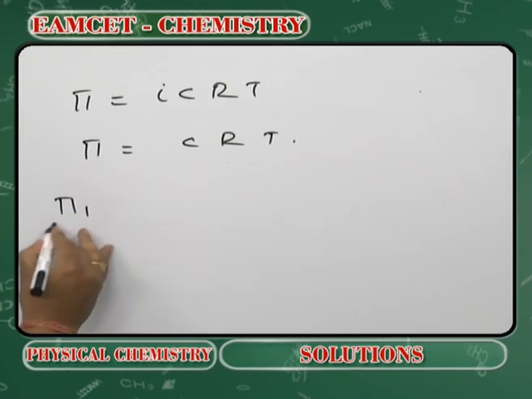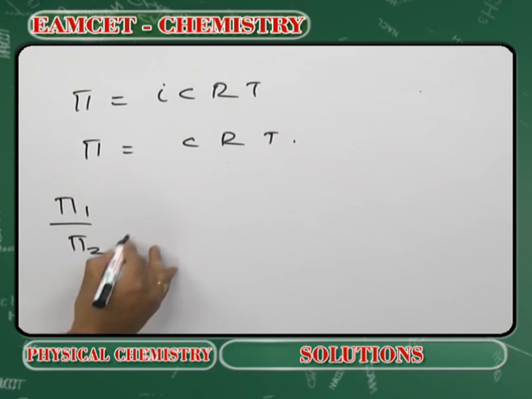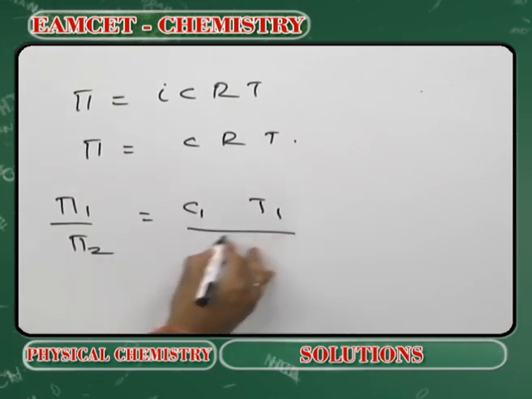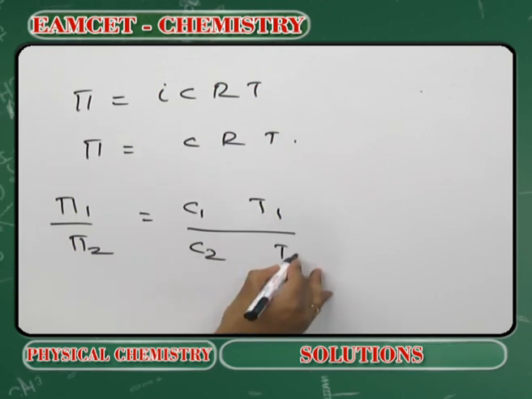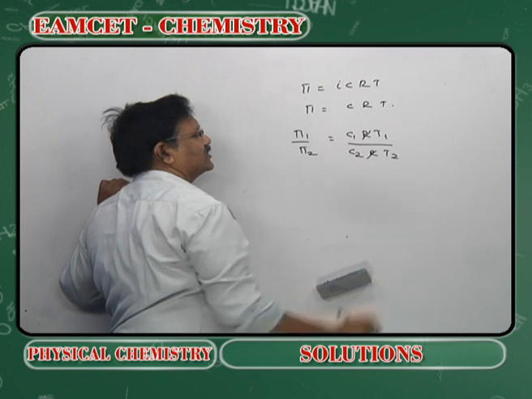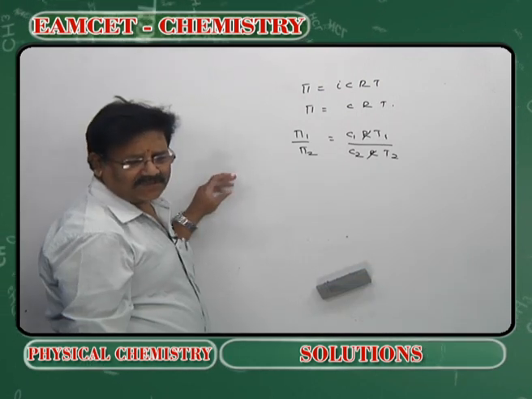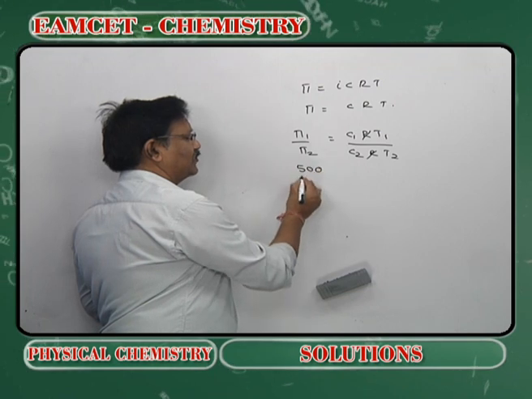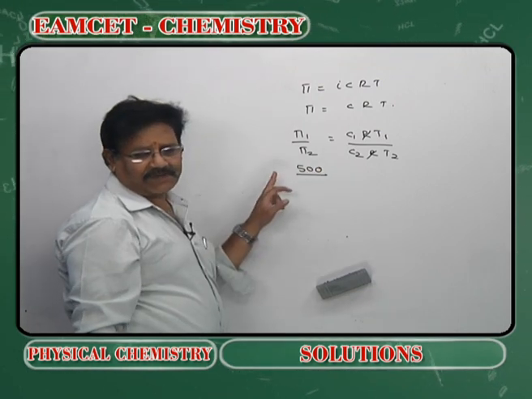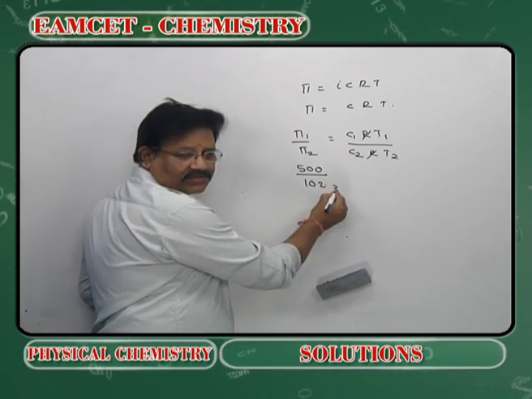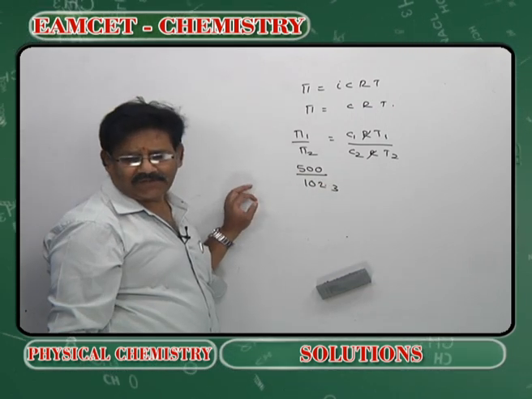Pi 1 by pi 2 is equal to C1 T1 by C2 T2, because R gets cancelled out. What is the pi 1 value? 500. What is the pi 2 value? 102.3.